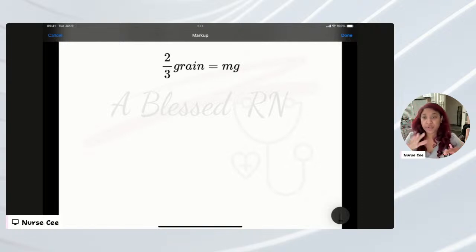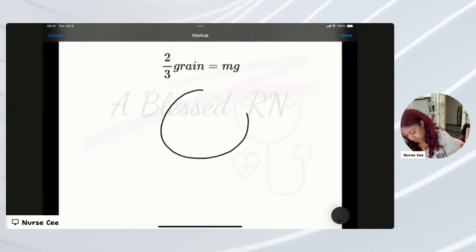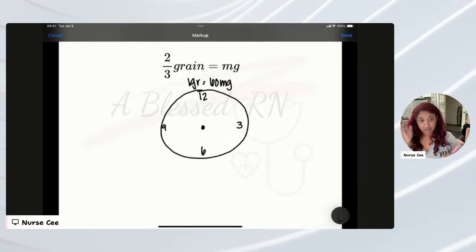The way that you remember your grains would be a clock. You've got your 12, 3, 6, and your 9. So 1 grain is 60 milligrams. If you went to the 3, that's a quarter past, so 1/4 of a grain equals 15 milligrams.